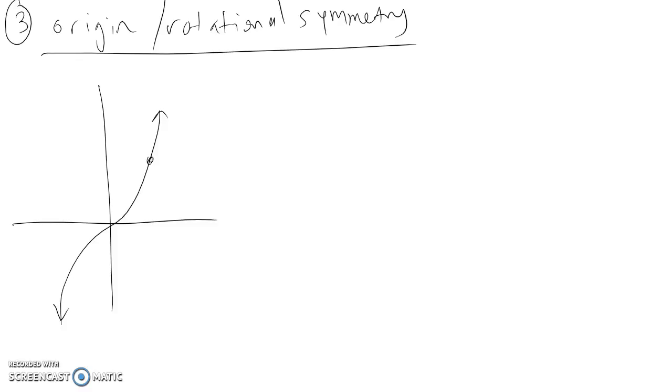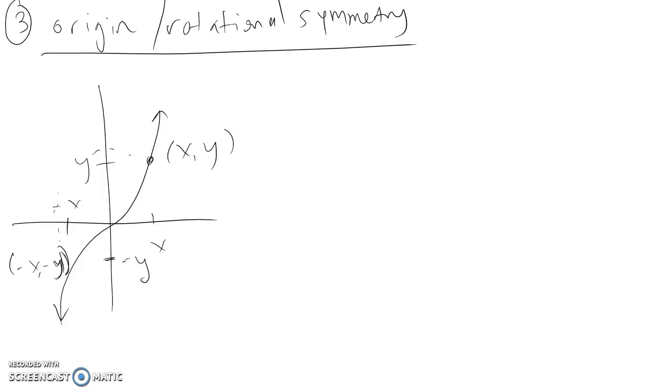If there's a point on the graph that has coordinates (x, y), and we rotate that chunk of the graph 180 degrees, then there will be a corresponding point here at the opposite of x and the opposite of y. Negative x, negative y.